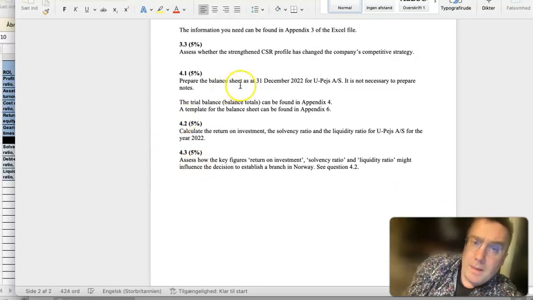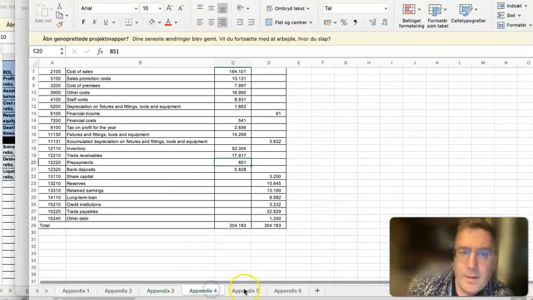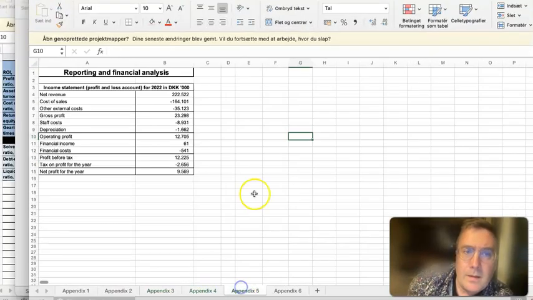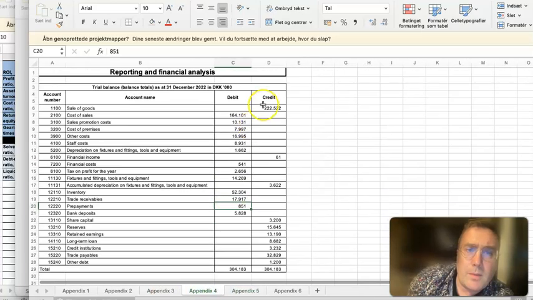Prepare a balance sheet as of 2022 to calculate return on investment, solvency, and liquidity. In this case, you need to look at, you have the reporting.